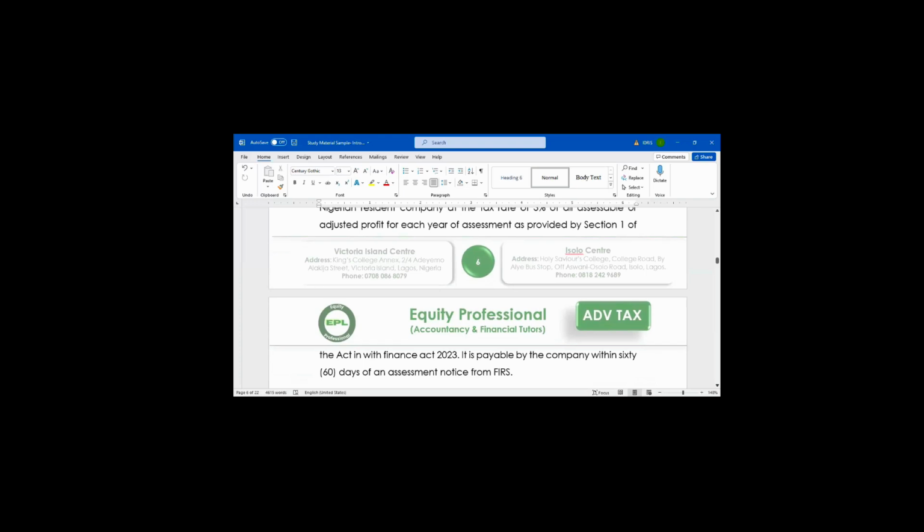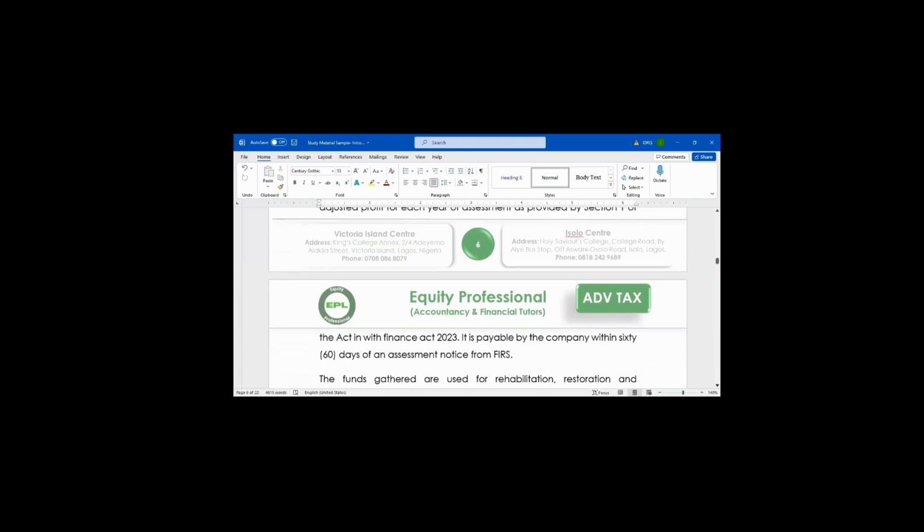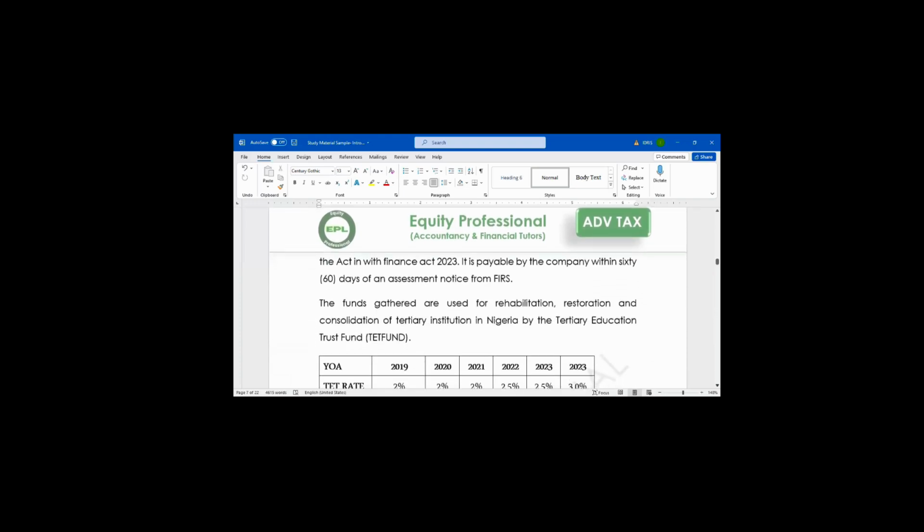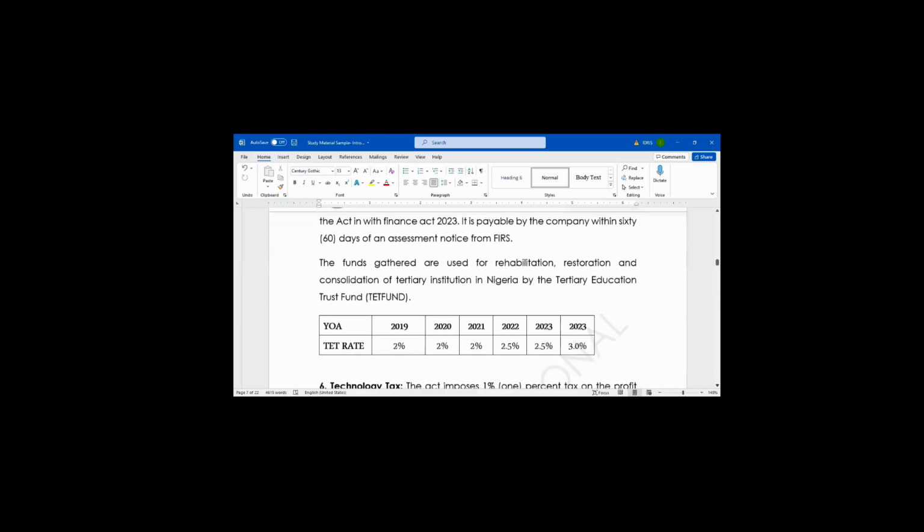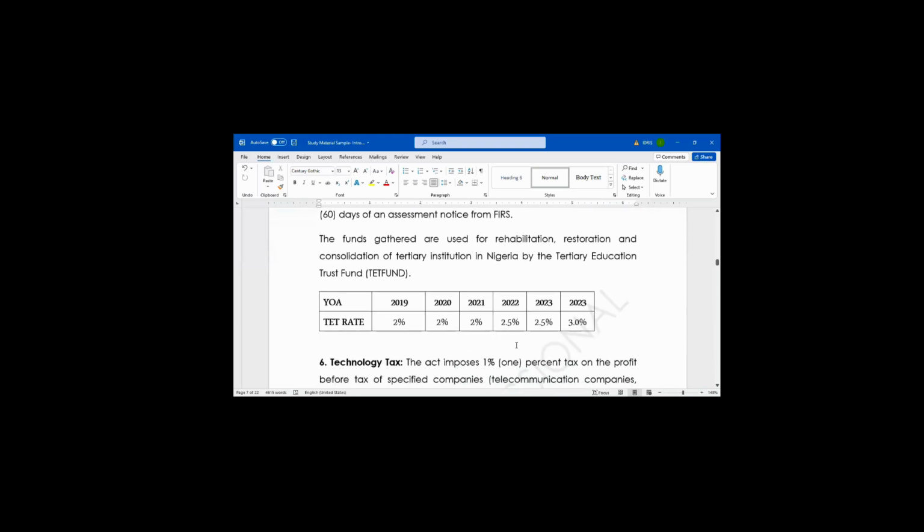What is the rate of education tax? Presently, the rate of education tax is 3%. Look at the year of assessment.